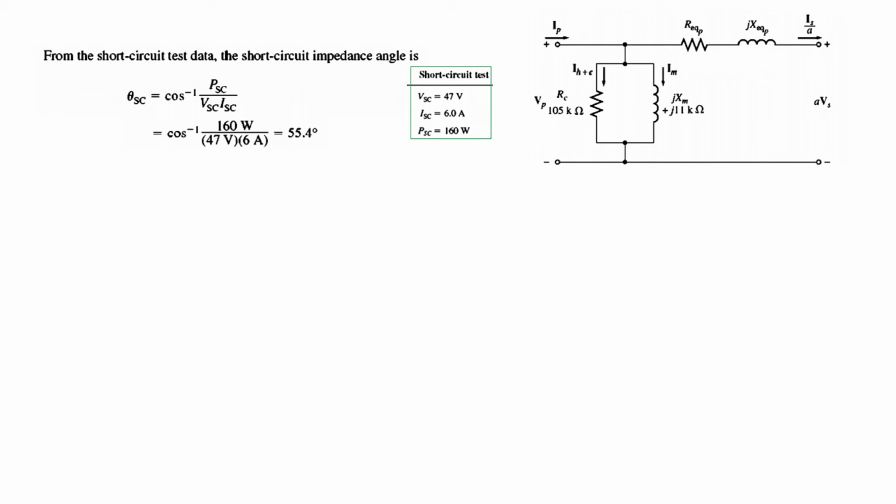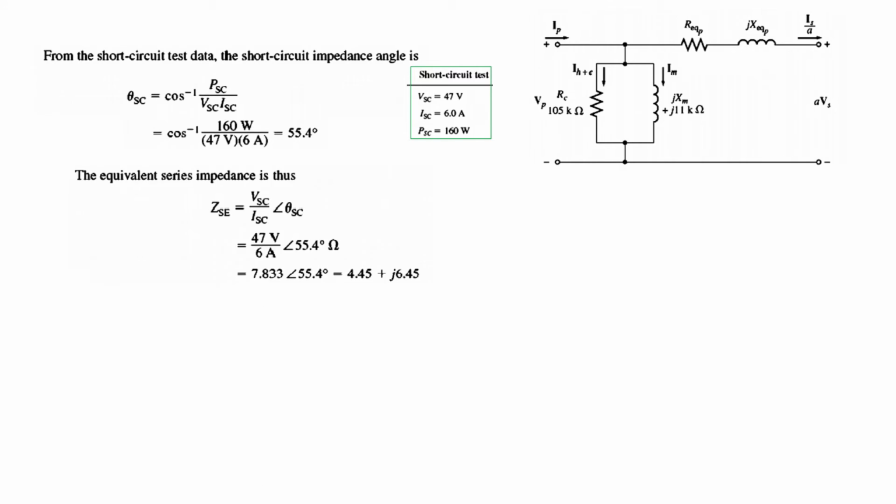So theta short circuit is 55.4 degrees. And now from here we can find the Z equivalent, which is V short circuit divided by current short circuit with the angle, and again plugging in the values we find Z short circuit to be 4.45 plus j 6.45.